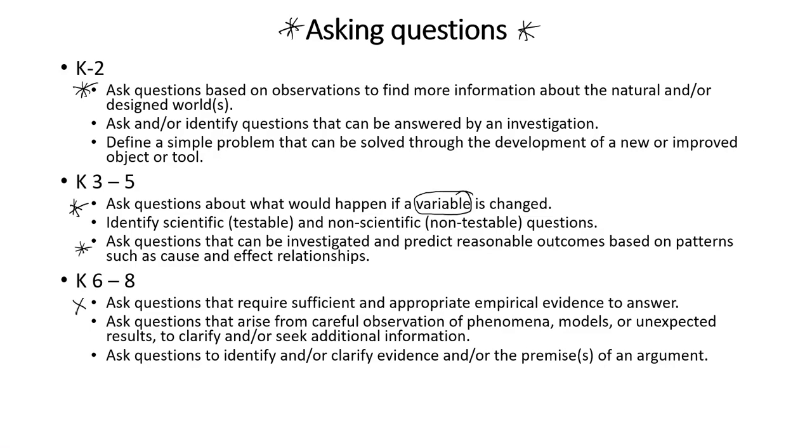Okay, 6 to 8. Now these questions require sufficient and appropriate empirical evidence. When they do their experiment, they need to get enough evidence because now they are growing up. Now their thinking is maturing, is becoming more and more complex. So they need to put in more responsibility in how they handle their questions.